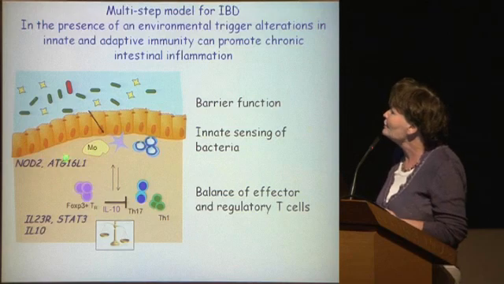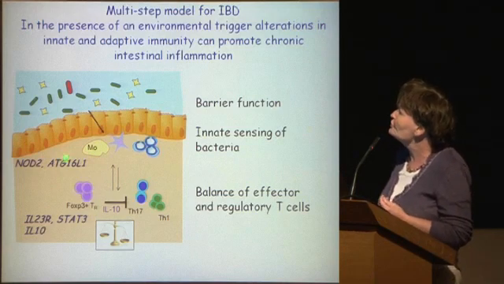And I think there is some convergence of this information, suggesting a multi-step, multi-hit type of model for the development of inflammatory bowel disease, where there are alterations in the handling, the barrier function of the intestinal epithelium, and how the host is able to contain its abundant intestinal microbiota.